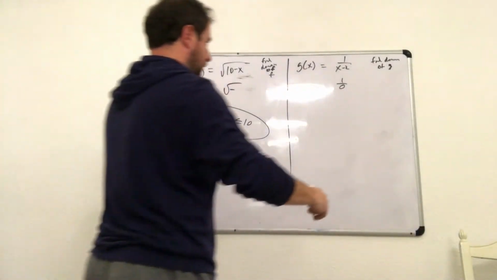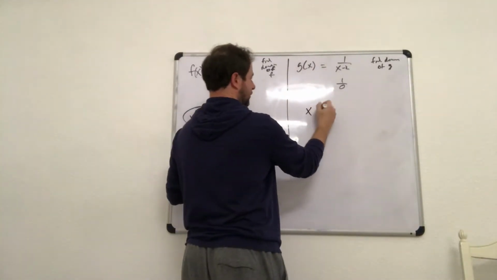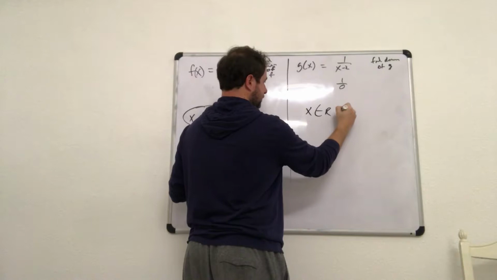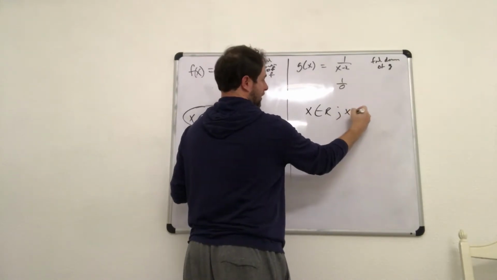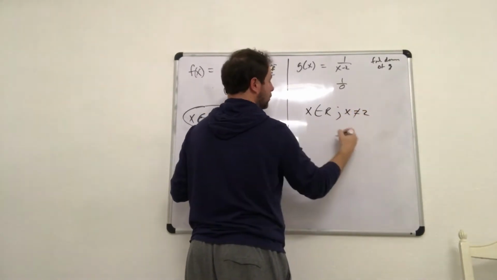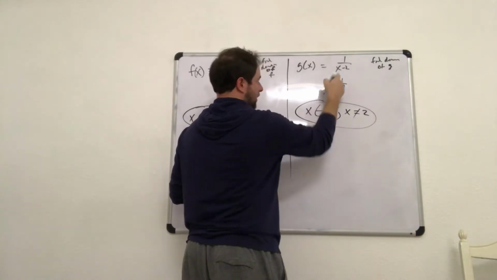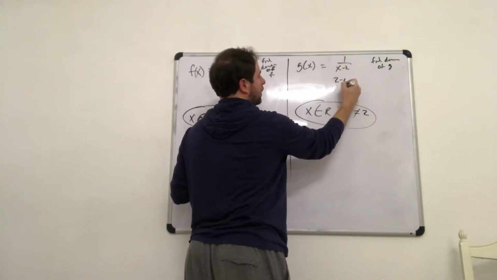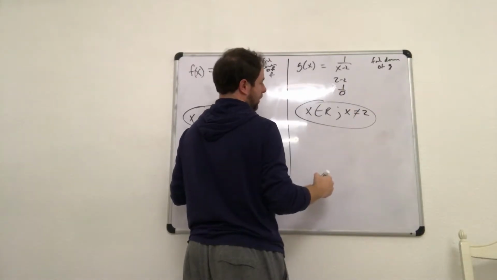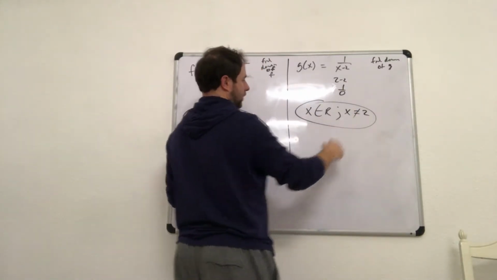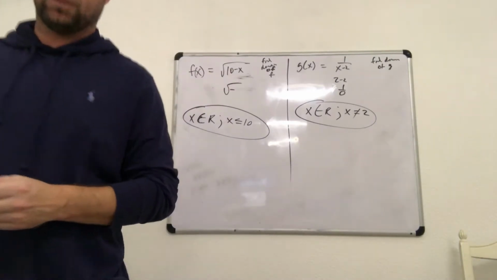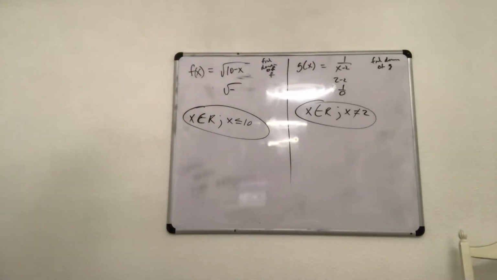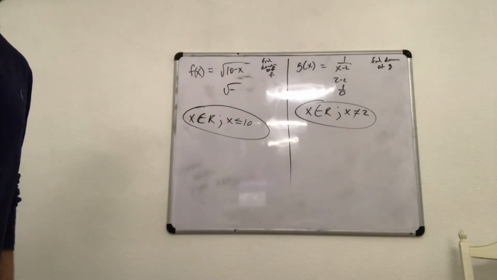As we look at this one here, it's x is a member of reals, and what you're going to say is x is not 2. Because if x is 2, it becomes 2 minus 2, which is 1 over 0. So your answer is x is a member of reals and x cannot be 2. So that's how you solve for those. We can look at more of those in class, but that's the gist of those problems.